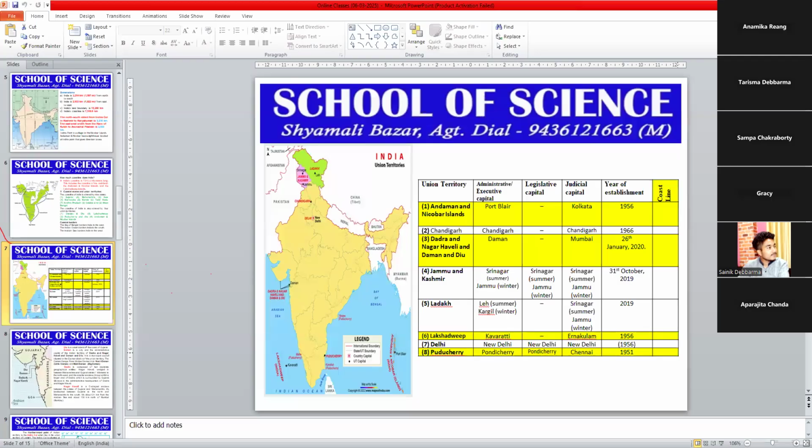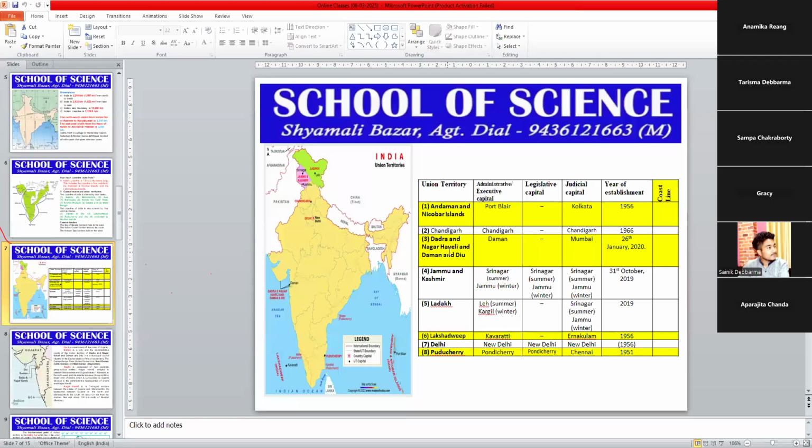But remember, Delhi first came into existence as a union territory in the year 1956. Puducherry in the year 1951. And you should remember that the judicial capital of Andaman and Nicobar Islands is Kolkata.